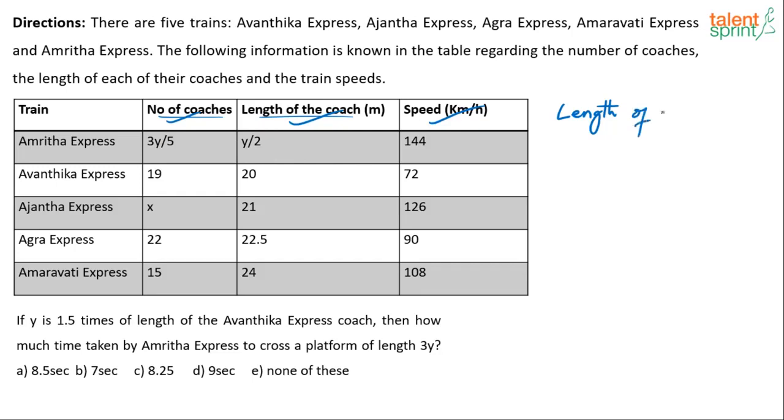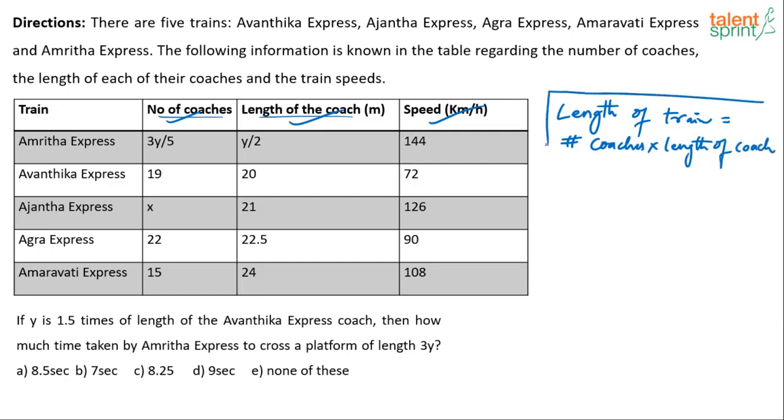So length of the train is equal to number of coaches into length of coach. Length of the train will be equal to number of coaches into the length of coach, right?